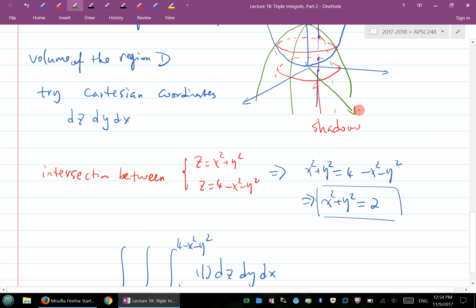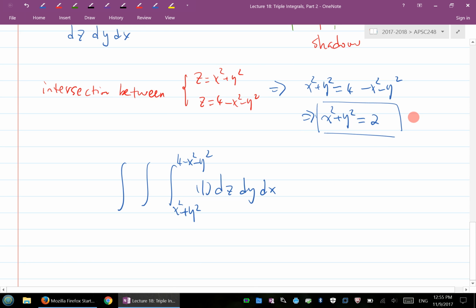To find the y and x limits, you need to draw arrow lines in the y-axis direction. In the y-axis direction, the first contact is on this half circle, and the second contact is on this other half of the circle. So your y min is negative square root of 2 minus x squared, and your y max is positive square root of 2 minus x squared.